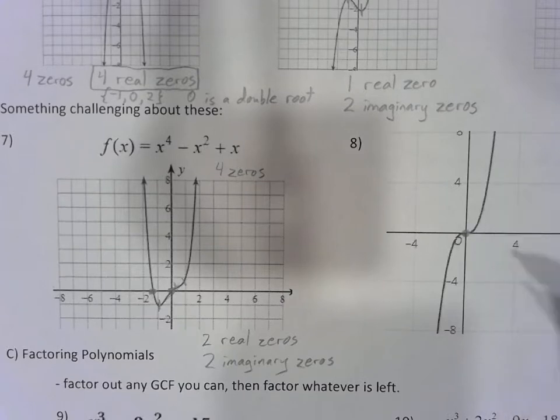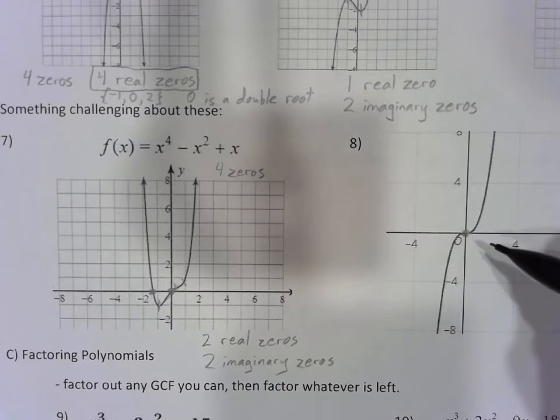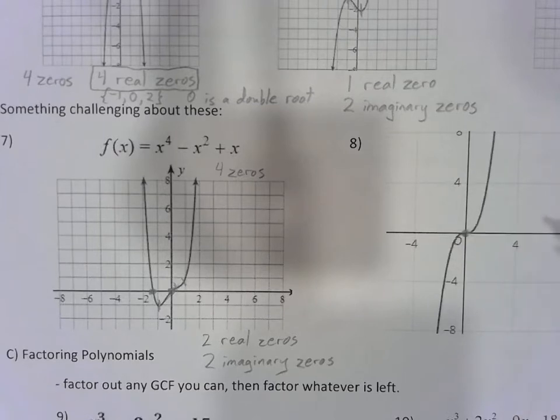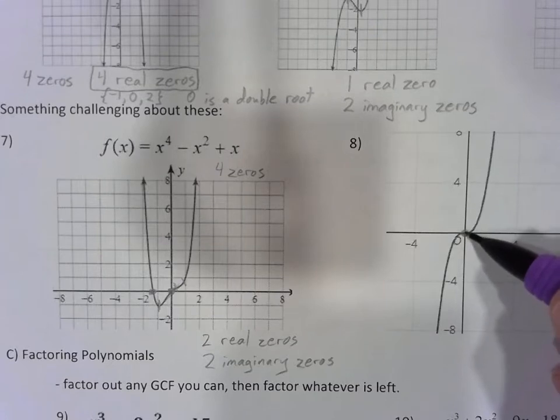When you see this type of motion in part of the graph, that is a sign that there are actually 3 zeros at that point. And so 0 occurs 3 times. It is a triple root in this case.